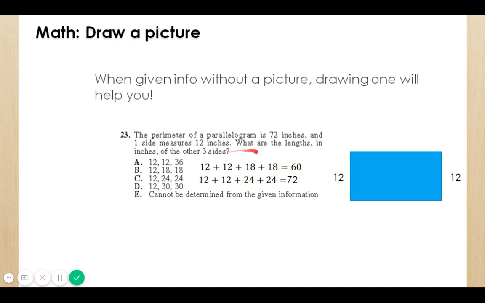What are the lengths of the other 3 sides? So again, I could plug them in. I know that I have to have 2 12s, so A would be out. For choice B, I would do 12 and 12 and 18 and 18. When I add that up, I get 60. But for choice C, when I add that up, I get 72, and that is the right answer.